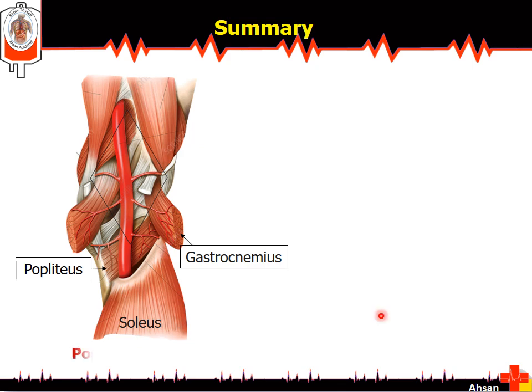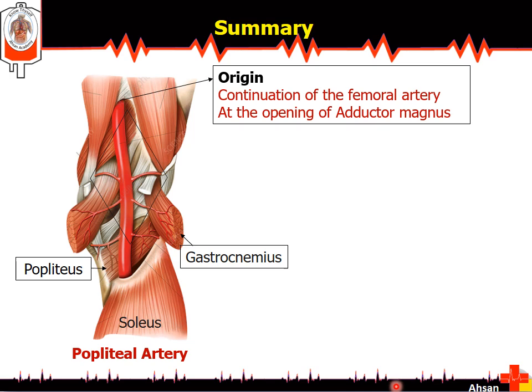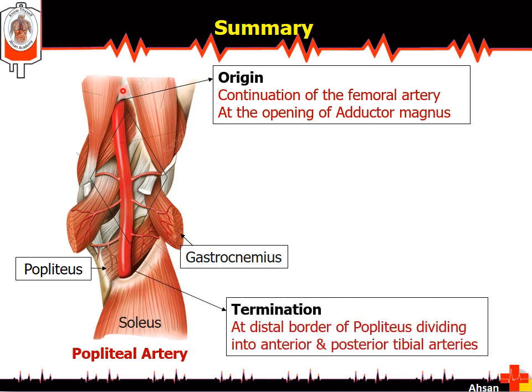Let us have a summary. This is the popliteal artery total course. You can see this one is the opening in the adductor magnus. So popliteal artery is the continuation of the femoral artery at the level of the opening in the adductor magnus. Then it continues in the popliteal fossa, giving some branches.